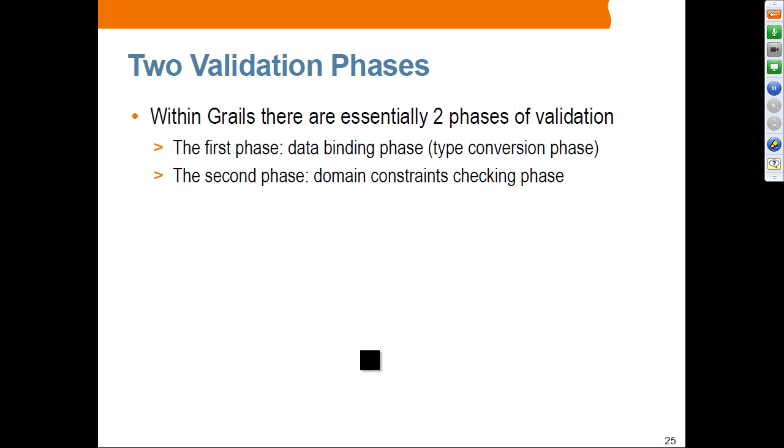Everything that gets entered by the user is a string, right? The string has to be converted into the data types of your domain properties. If there is a type conversion error, then you're going to see that in the first phase. And the second phase is the domain constraints checking phase. What you specify in your domain constraints will be checked in the second phase.